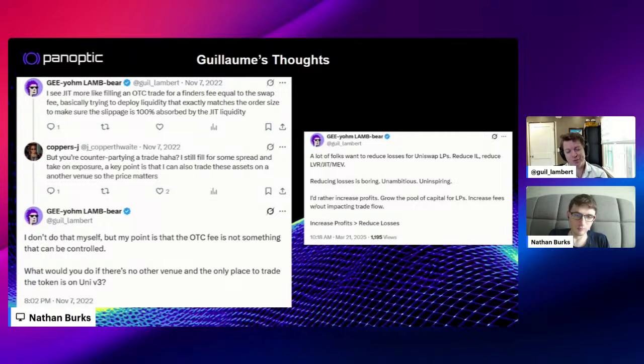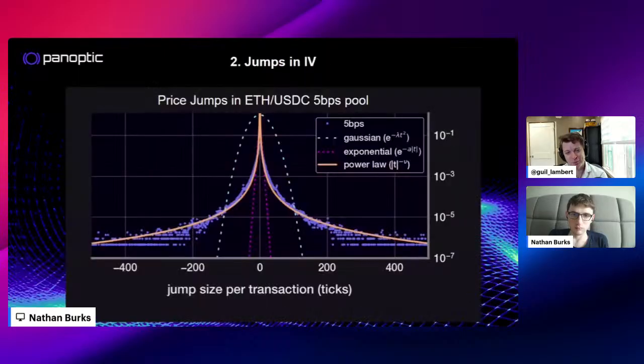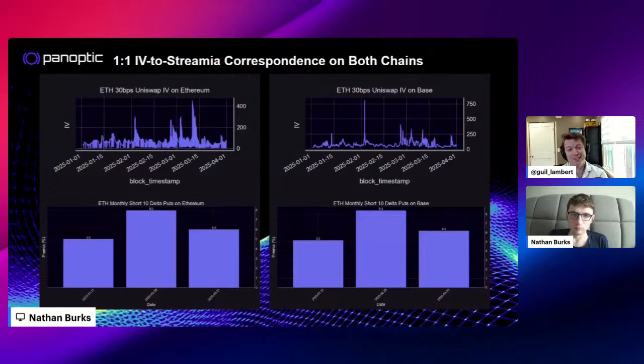What we see again, if you don't mind going back a few slides, is that the JIT, or just in time liquidity providers, are repressing the IV. It might not be obvious, but on the top left side there are huge one-block-duration dips in IV. That's because a big trade came through and someone added a bunch of liquidity just in time.